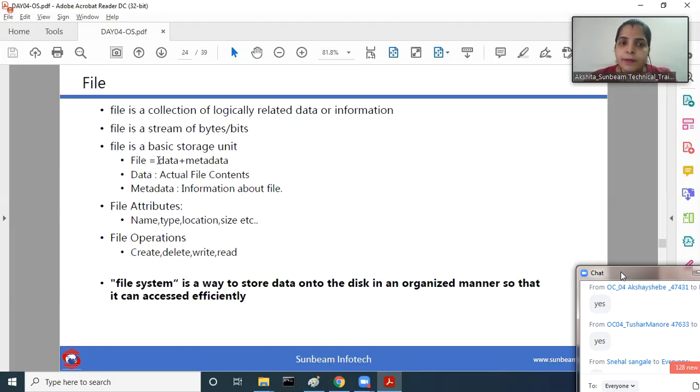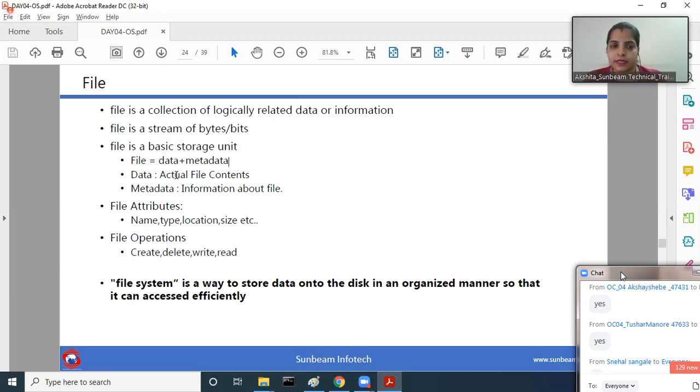Every file maintains something called data as well as metadata. What is metadata? It is nothing but the detailed information about that file. What is detailed information? Maybe the name of the file, size of the file, date of creation, time of creation, type of the file, its header information, and the location.